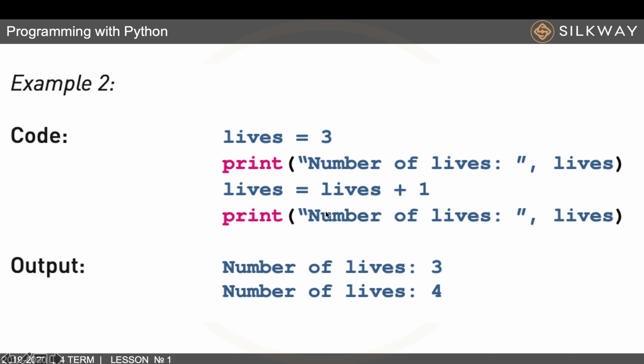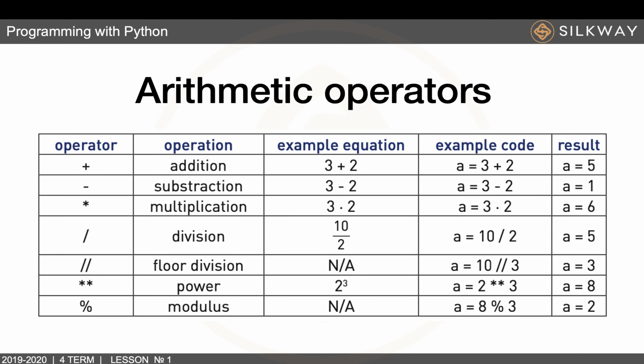So if you print number of lives, it will take information not from here, it will take information from here. So the result will be number of lives is 3 because here lives was 3, and number of lives is 4 because on this line it became plus 1. I hope this one is clear because it was from the previous term.